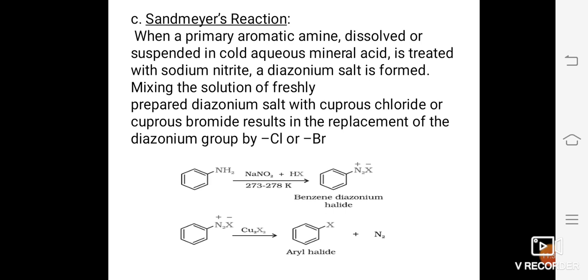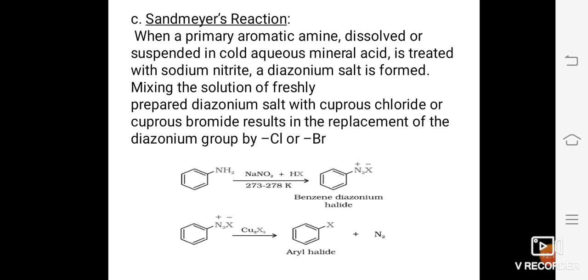Here, when a primary aromatic amine, dissolved or suspended in cold aqueous mineral acid, is treated with sodium nitrite, a diazonium salt is formed. Mixing the solution of freshly prepared diazonium salt with cuprous chloride or cuprous bromide results in the replacement of the diazonium group by chlorine or bromine.